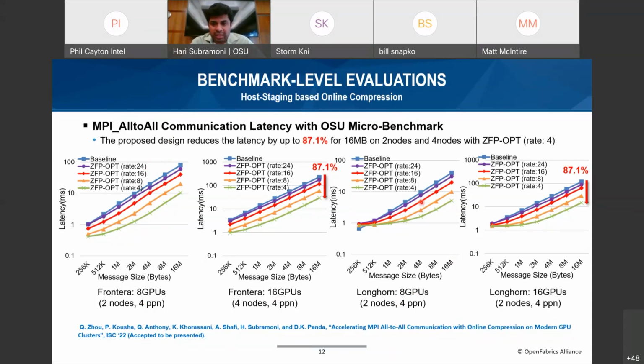Obviously, as you do more compression, the overall communication time significantly reduces, and we see a reduction of up to 87% when you significantly compress the data. Of course, this level of compression may not actually be possible at the application level, so we choose the compression rate so that the application's data validation or correctness is not affected.